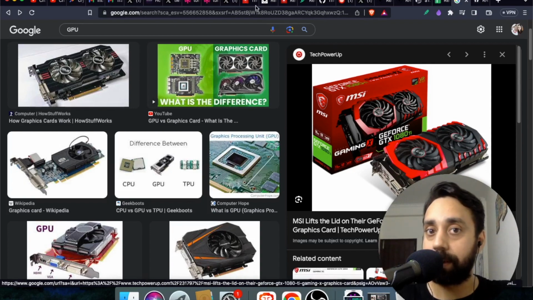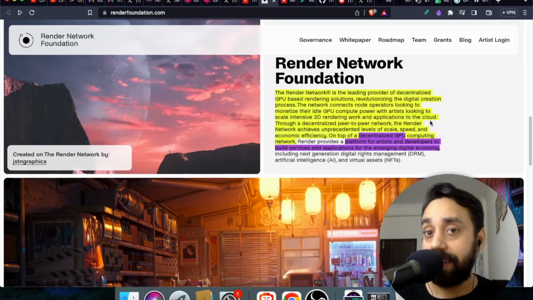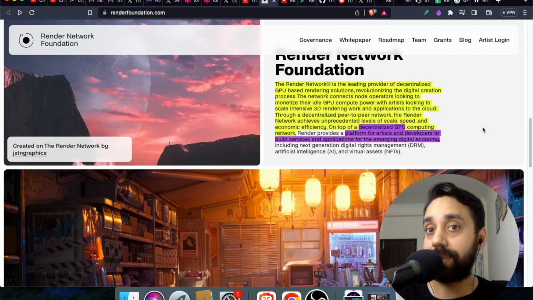Remember this. And number two, as it says, Render provides a platform for artists and developers to build services and applications for the emerging digital economy. It has created a marketplace for these artists so they can create their artwork and sell it on the platform, and based on that you have a Render token which is driving the whole economy of that particular system.